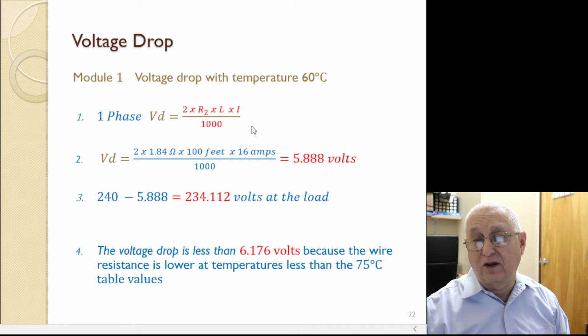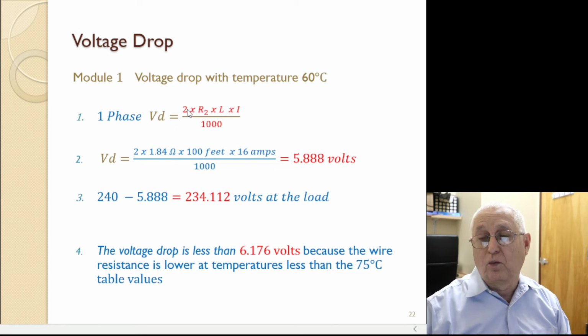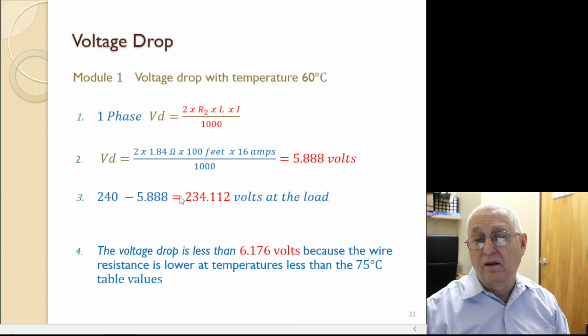So now let's put this into our equation. We have 2 times R2, not R1, times L times I over 1,000. VD equals 2 times, here's our calculated resistance for temperature change, 2 times 1.84 ohms times 100 feet times 16 amps, that's our load amperage, divided by 1,000 equals 5.888 volts. 240 minus 5.888 equals 234.112 volts at the load.